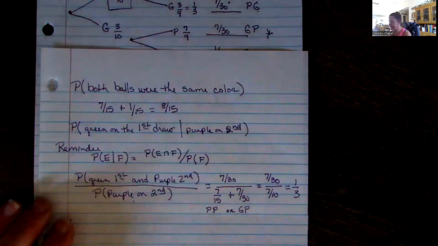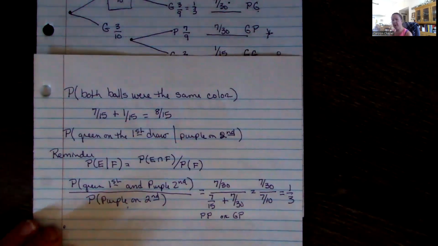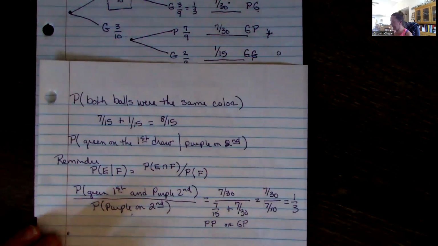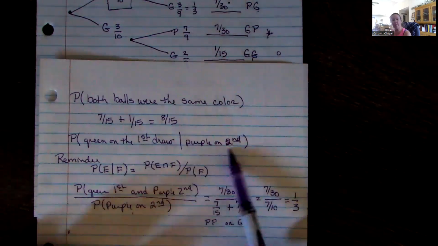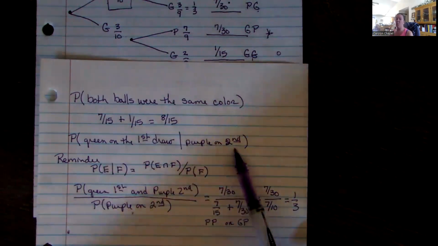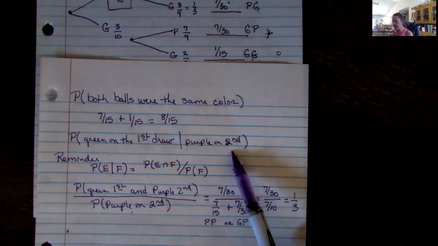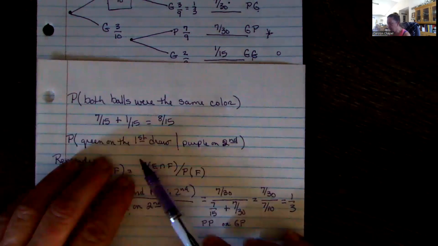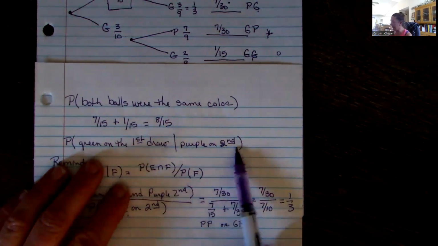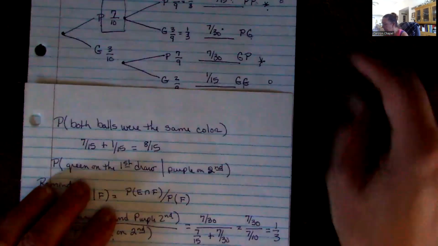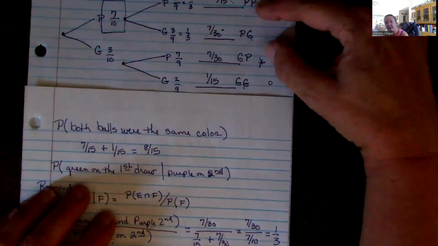Kind of weird. Okay, to think about how that happened with the restrictions, thinking about how that conditional probability restricts our sample space. So I want to know, what is the probability of a green on the first given the purple on the second? So basically, I'm just looking at this branch and this branch.